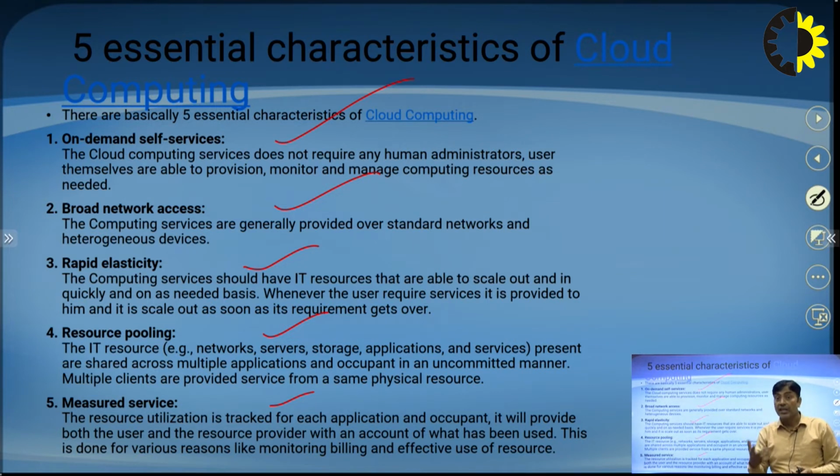This is known as abstraction. So, cloud computing provides abstracted services. We have no idea about the details, how they are managed and how they are delivered to us, but we can use that service. So, this is the on-demand self-service.